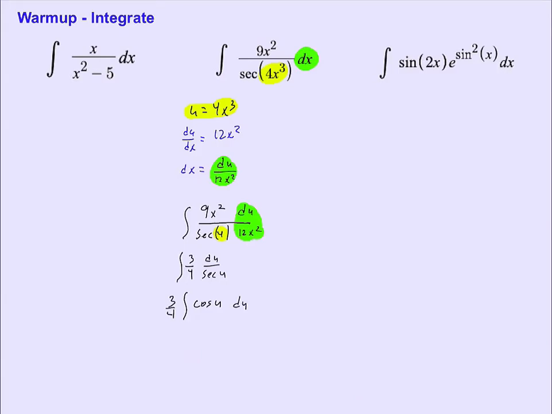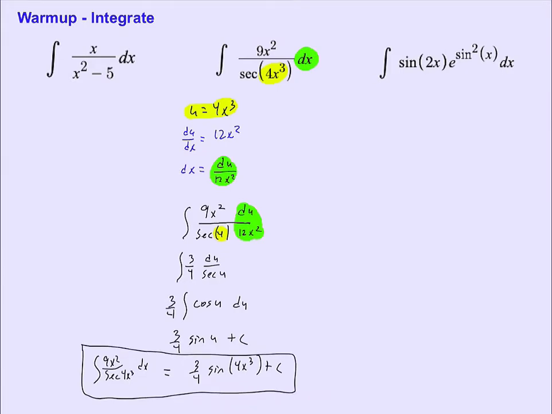So what we're looking at is 3/4 times the integral of cosine of u du, or 3/4 times the sine of u plus c, which we can turn into 3/4 times the sine of 4x cubed plus c. And what I'm saying is that is the antiderivative of 9x squared over secant of 4x cubed dx. So that would be my answer.